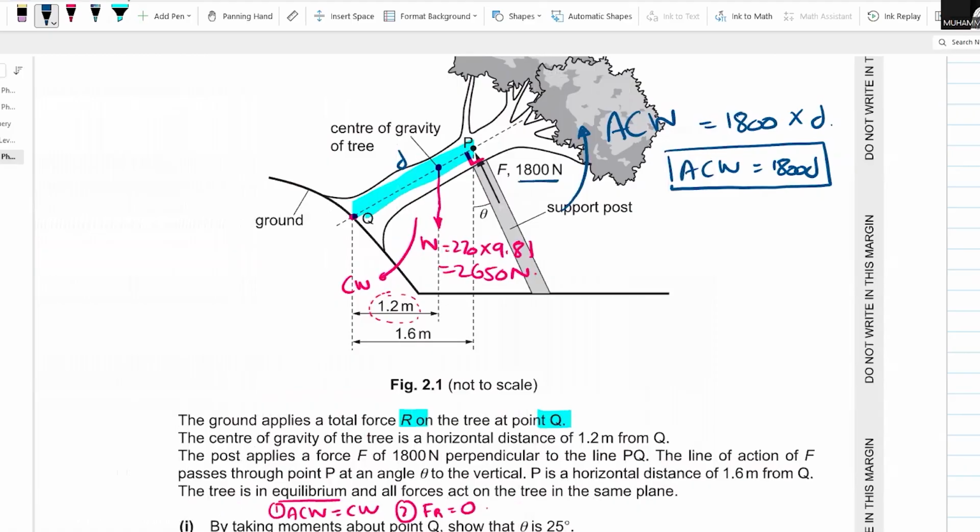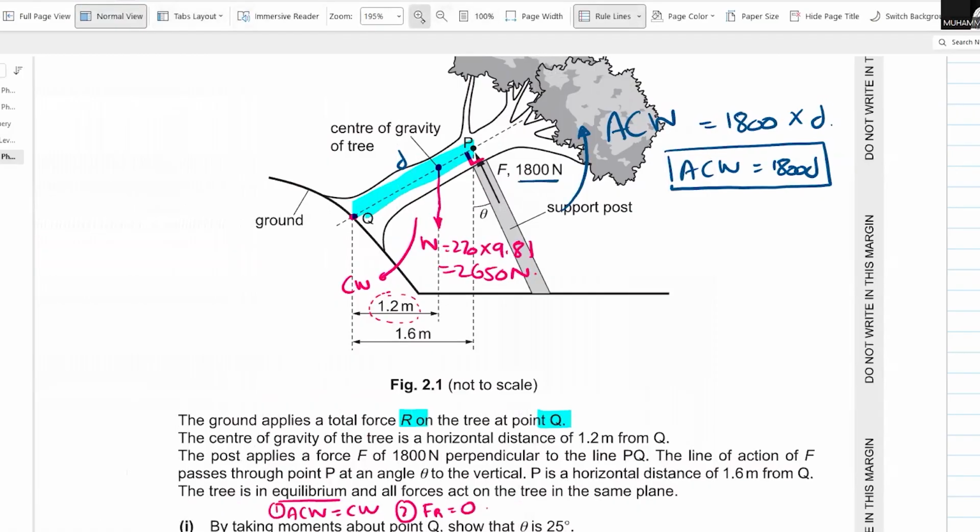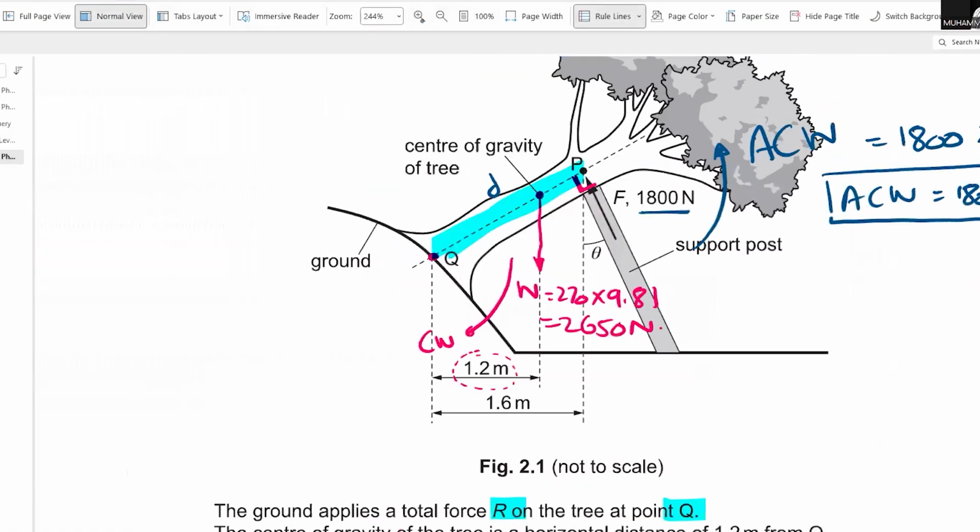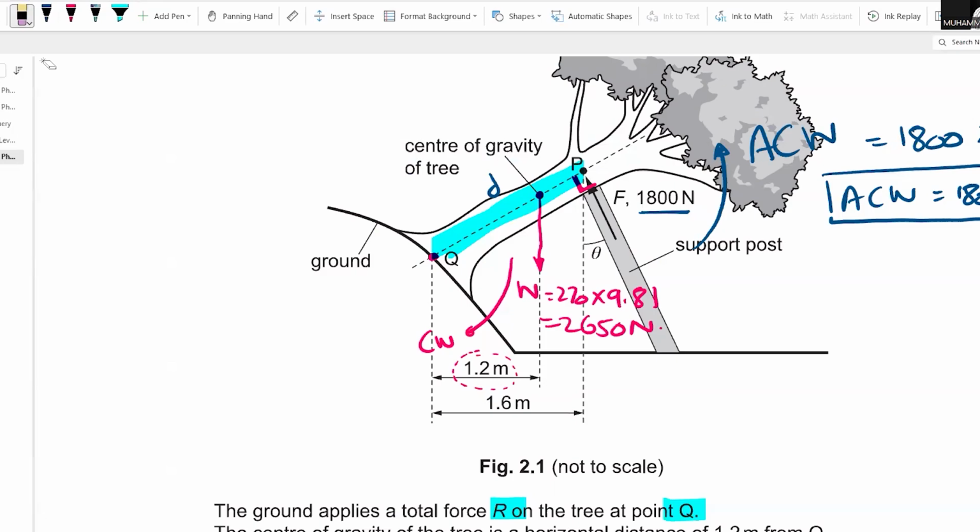Now, let me zoom in a bit. Let me show you one simple thing here. You have to calculate this distance d. Okay, I am erasing the weight and clockwise moment calculation because I need some space here. ठीक है, मैं clockwise movements की calculation और weight को erase कर रहा हूँ because I need some space here. You have to calculate this d. How will we do that?